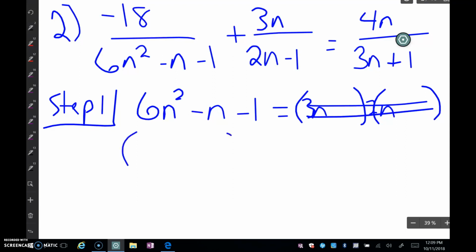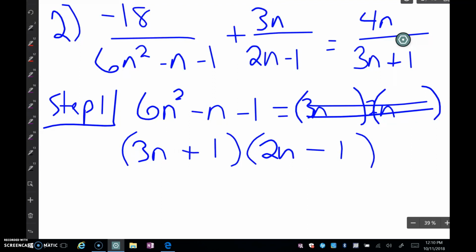So if I factor that one, I think I can do 3n and 2n. And if I do a minus 1 here and a plus 1 there, I believe that gives me my 6n squared minus n minus 1. So I factor that denominator.